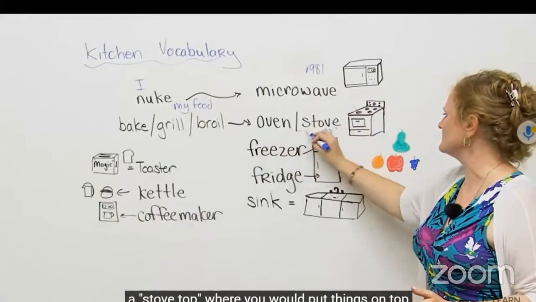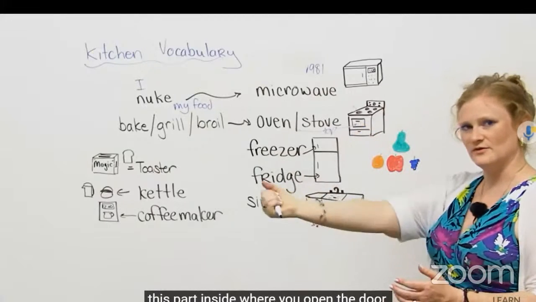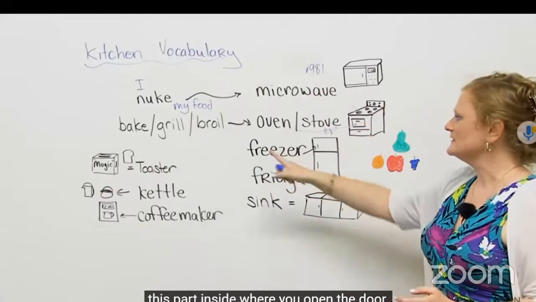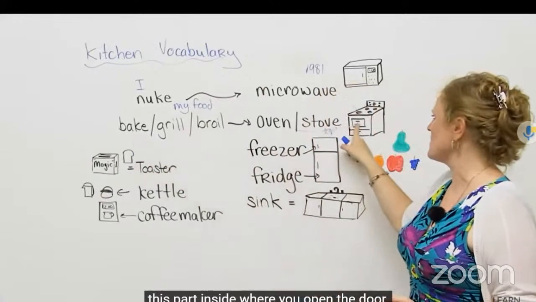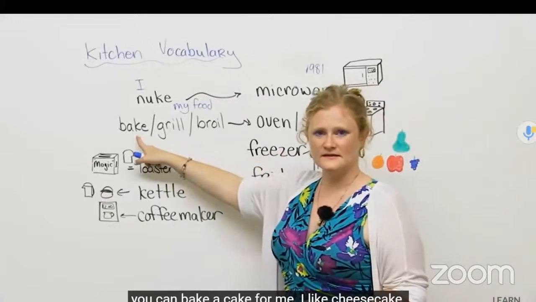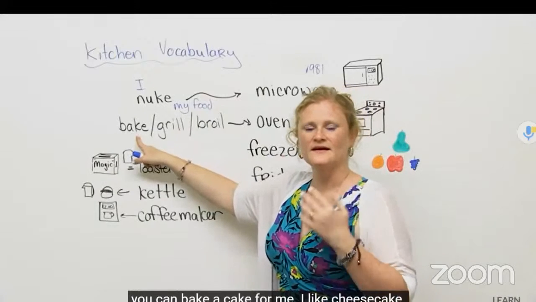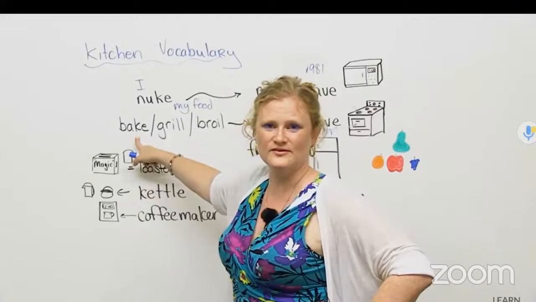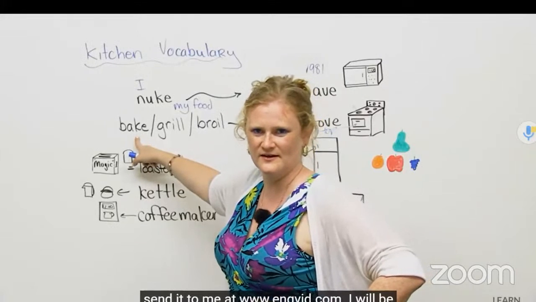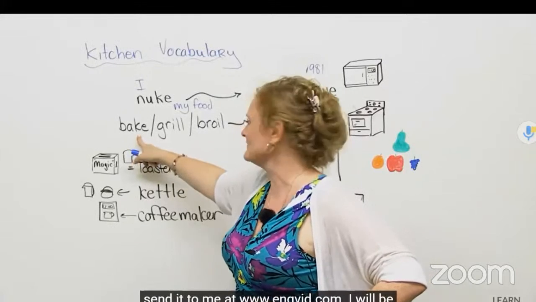And the oven is actually this part inside where you open the door. Inside the oven part at the bottom here, you can bake a cake. For me, I like cheesecake. If you'd like to bake me a cake, please do send it to me at ingvid.com. I will be happy to eat it.